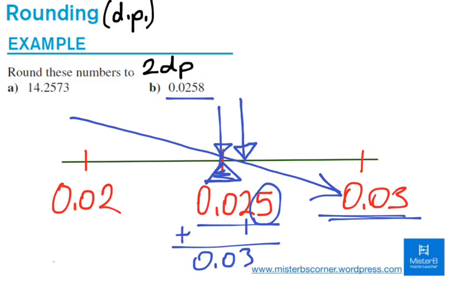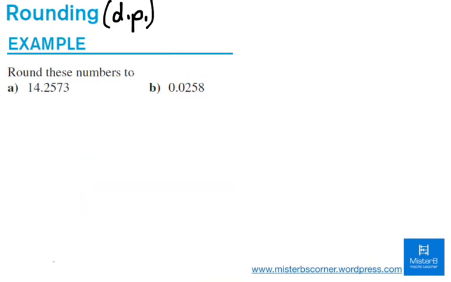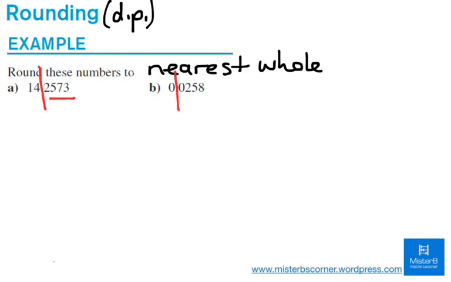Now let's see other examples. Let's say we are rounding these numbers to the nearest whole, meaning the nearest whole number. This means I don't want any decimal places, so I'm going to cut it from the decimal point. So I'm going to scrap this bit. I don't want this bit.